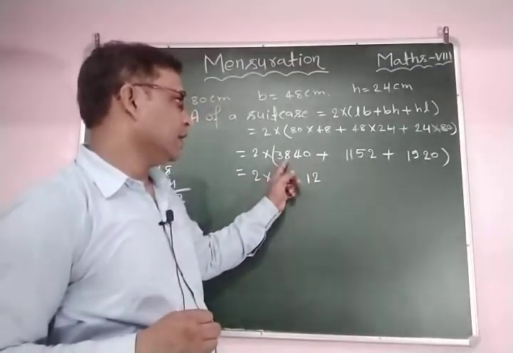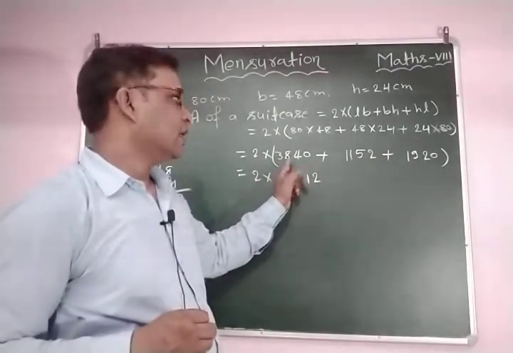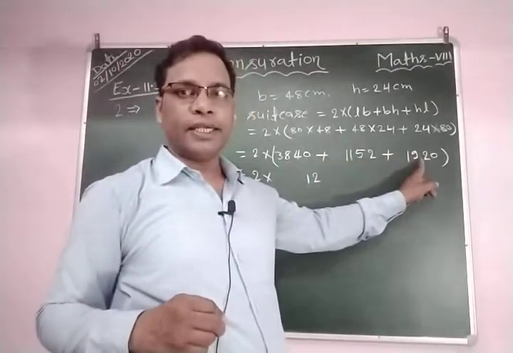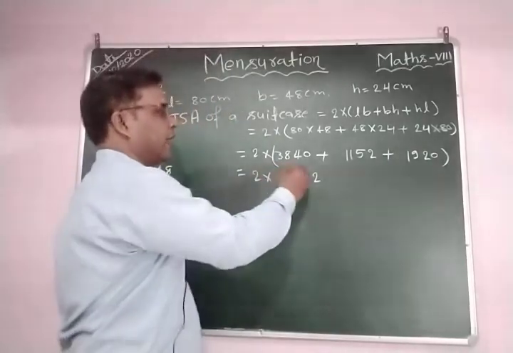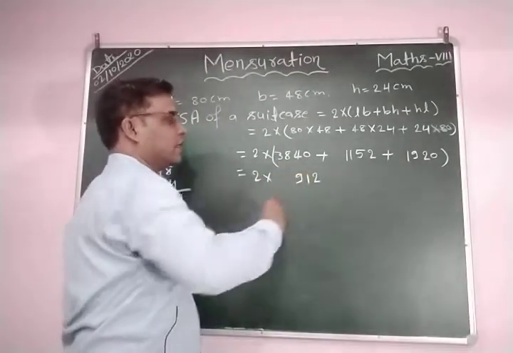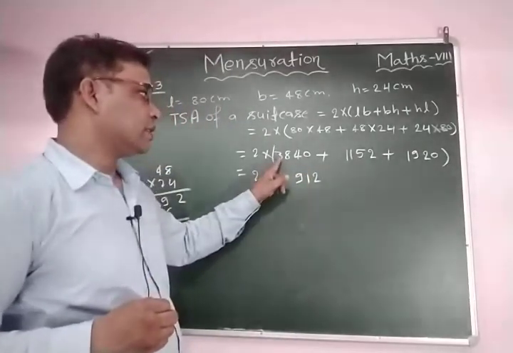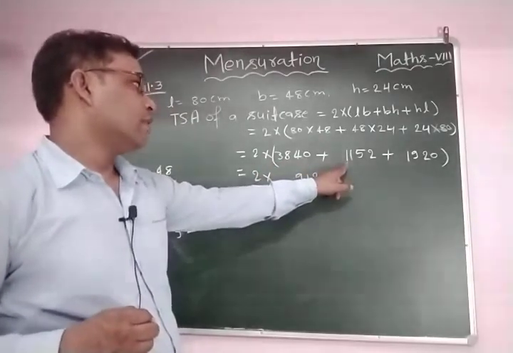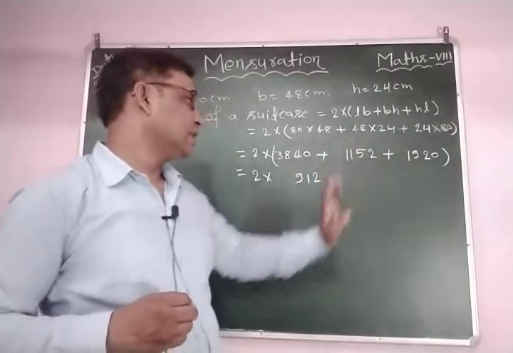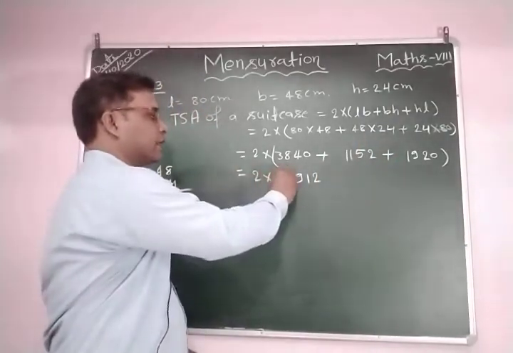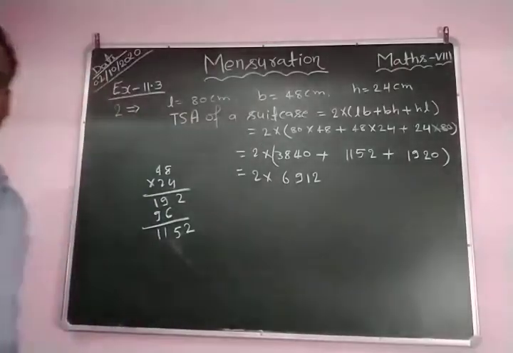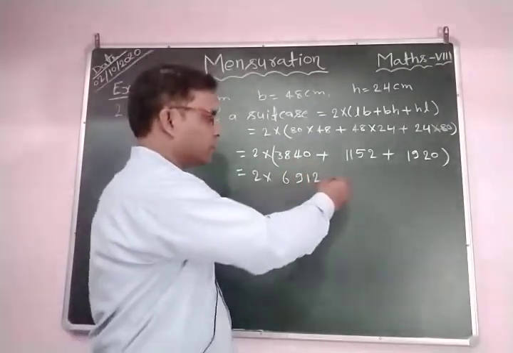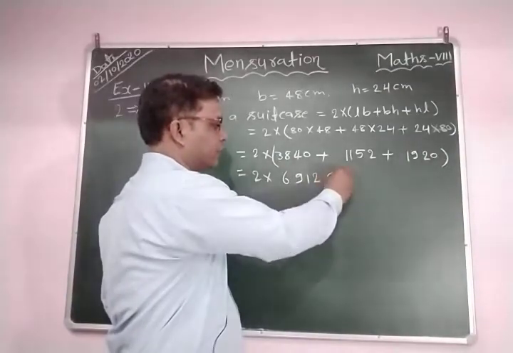After this 8 plus 1 is 9, 9, carry 1. Again 3 plus 1 is 4, 4 plus 1 is 5. This is equal to 6.